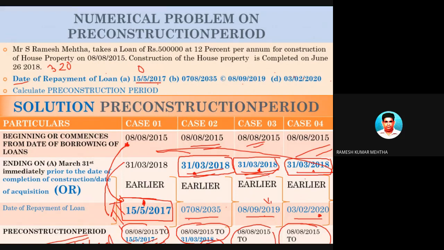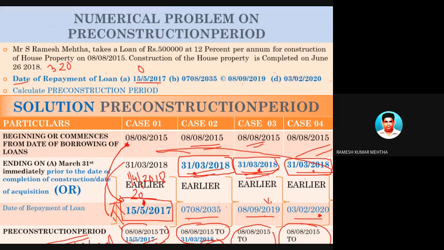This house property has come into existence in the financial year 2018 onwards. So first time it has to be deducted as interest on pre-construction period from 1/4/2018 to 31st March 2019.